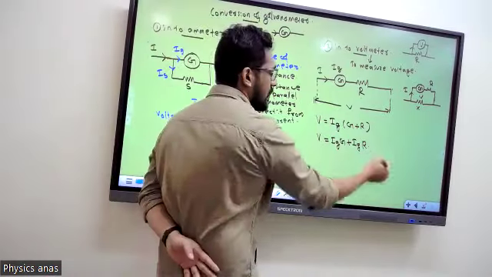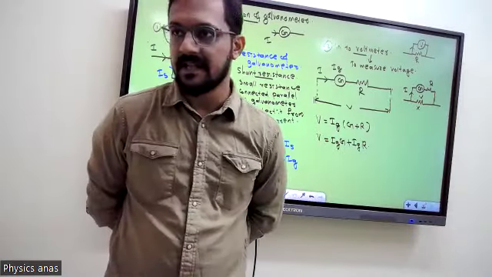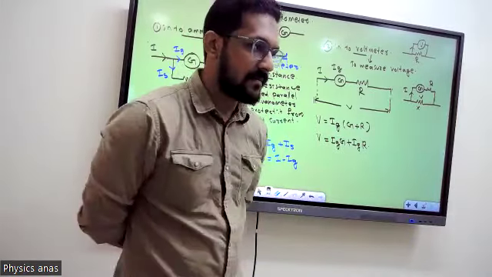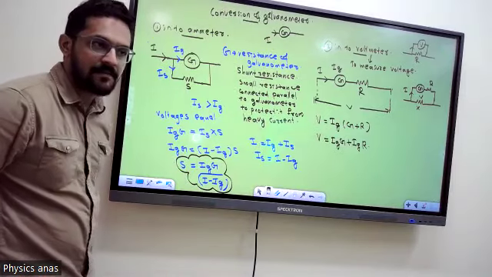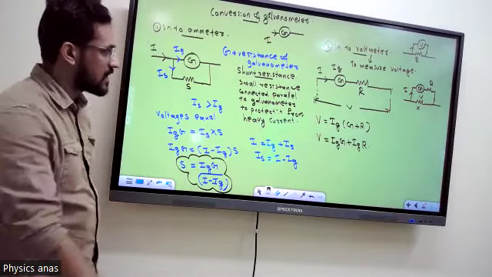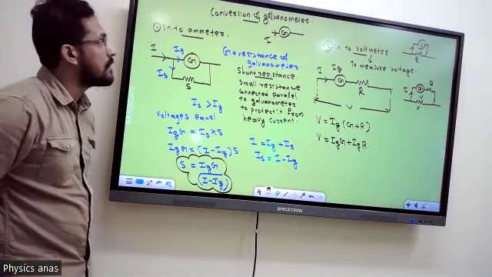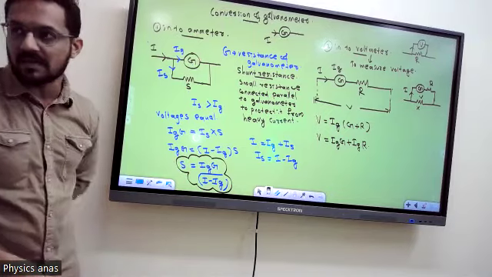You want to find the value of resistance. Then only you can construct this, right? Just like we found the value of shunt resistance, if you know the shunt resistance, then only you will be able to construct this ammeter.